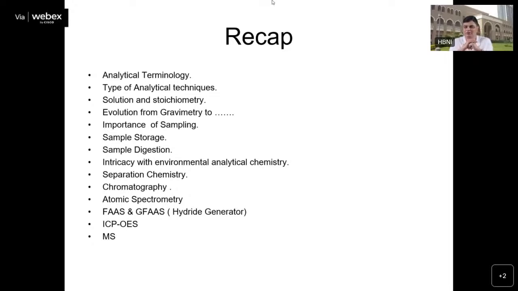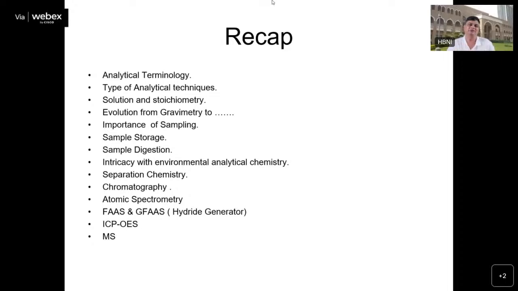But as I told you, Smith-Hieftje correction needs a lower and a higher current, and at a high current we are spoiling the filament of the cathode of these hollow cathode lamps, so we try to avoid it. Only the continuum source correction using the deuterium lamp and the Zeeman correction are the two important corrections that one uses.